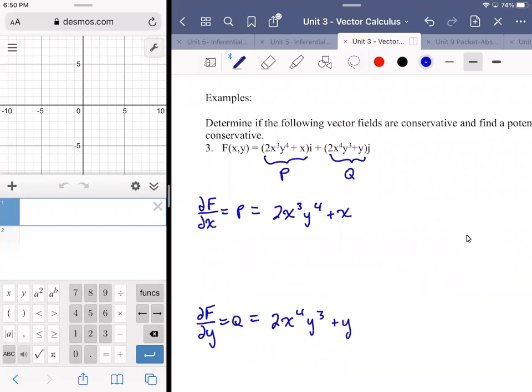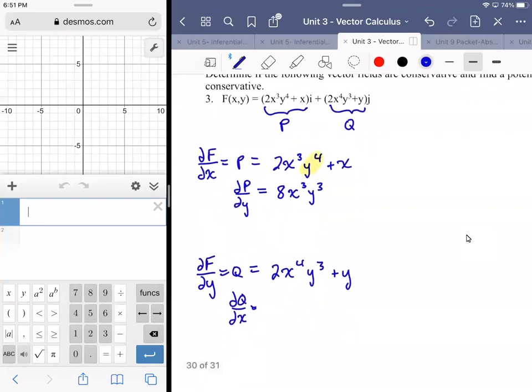All right, so I'm going to find the first order partial of P with respect to y and the first order partial of Q with respect to x. With respect to y, that x is going to go away, but the y to the 4th is going to become 4y cubed. So we're looking at 8x cubed y cubed. Now, we won't have to bother with a potential function if this one doesn't also end up being 8x cubed y cubed.